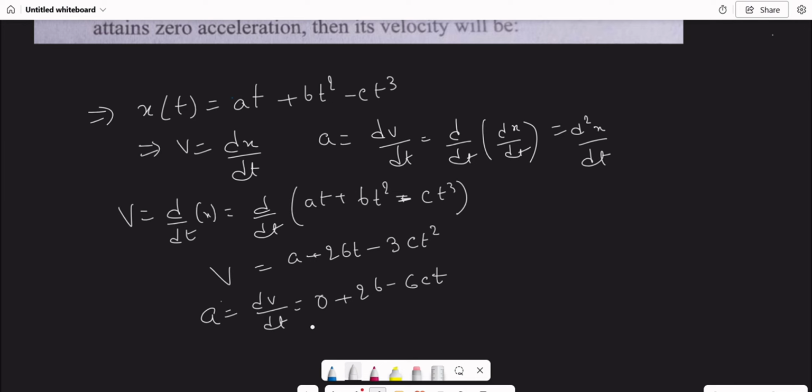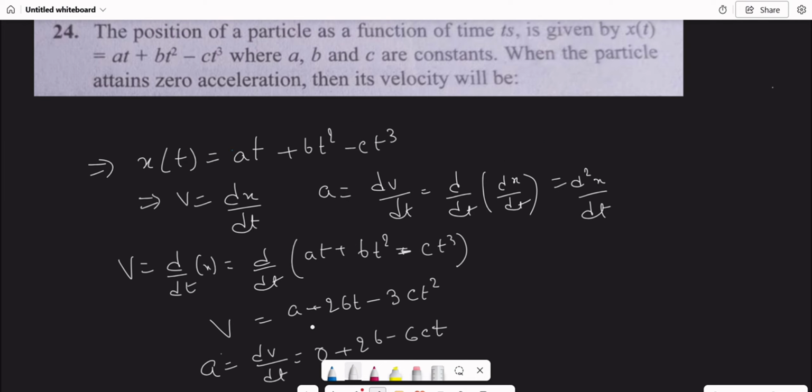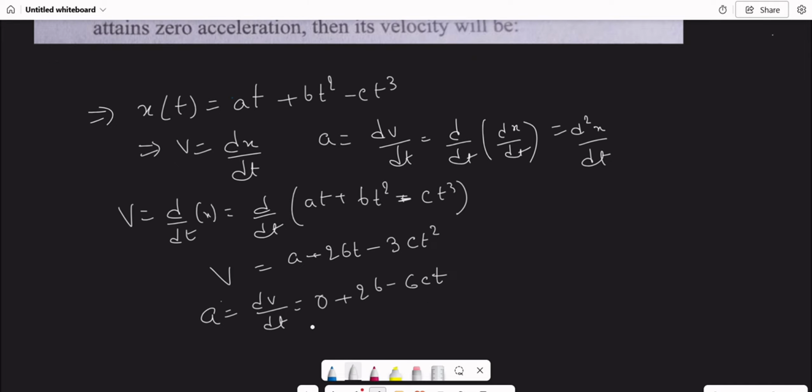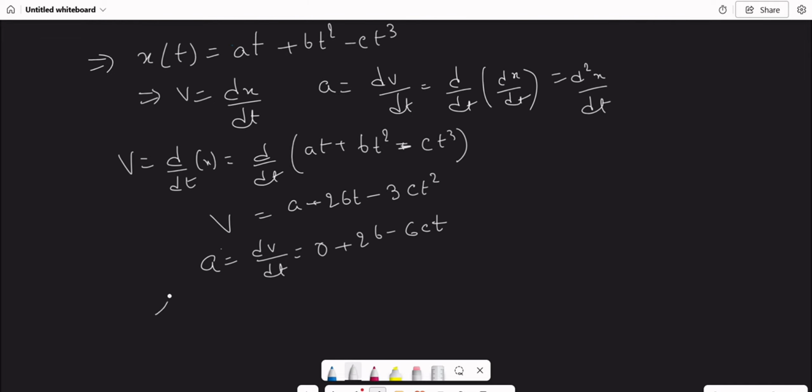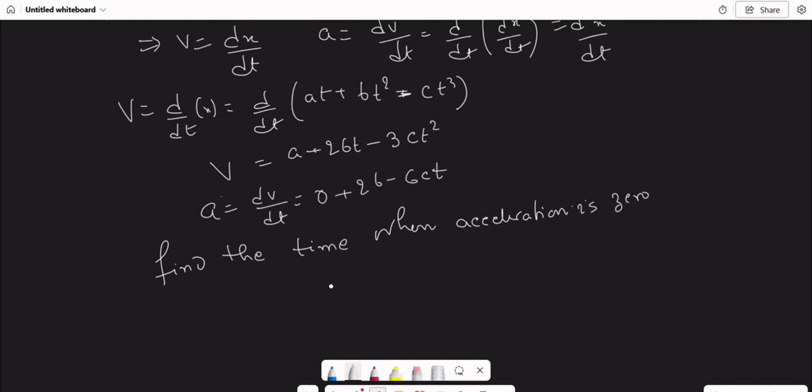Now the question asks that when the particle has zero acceleration, this means you have to find the time when acceleration is zero.